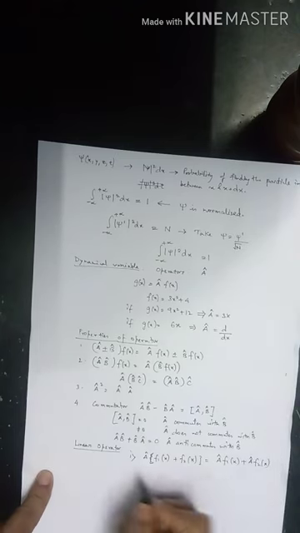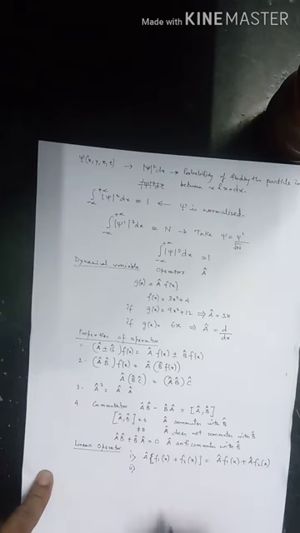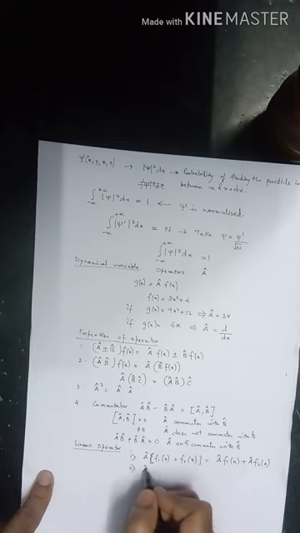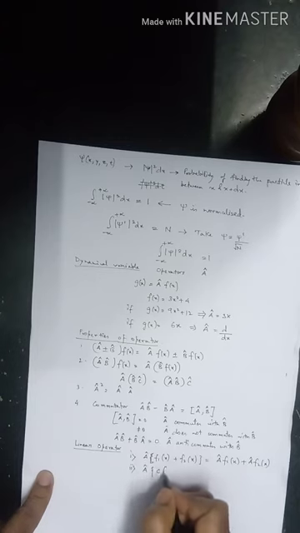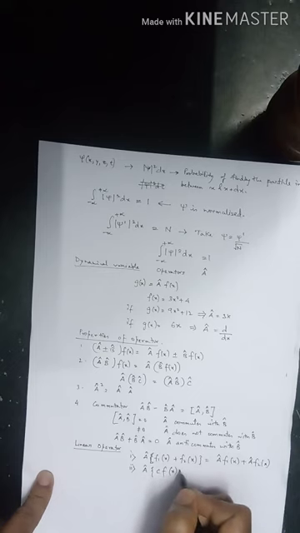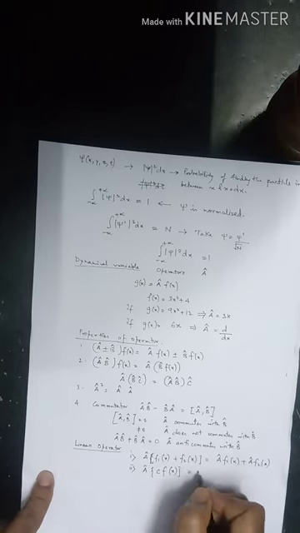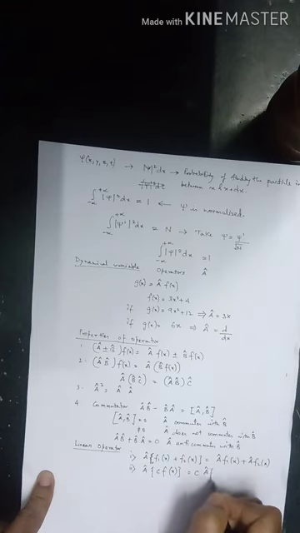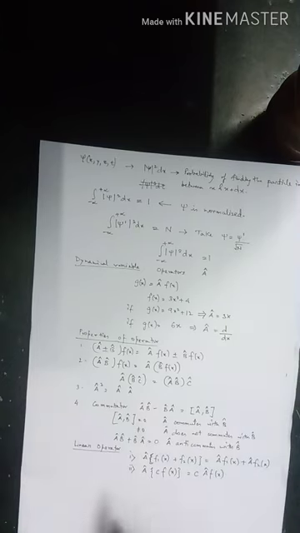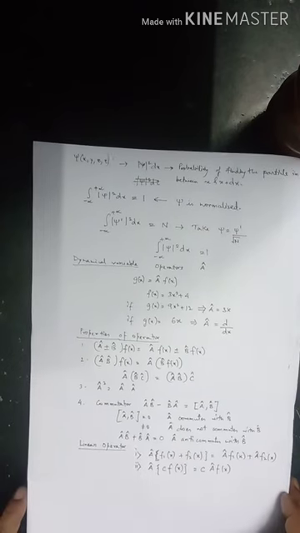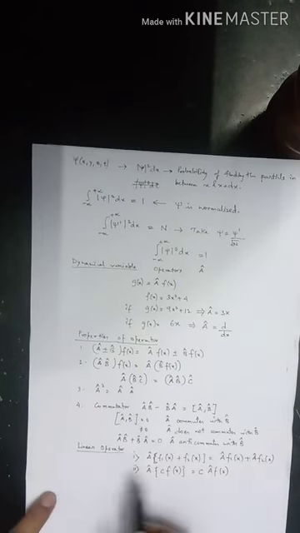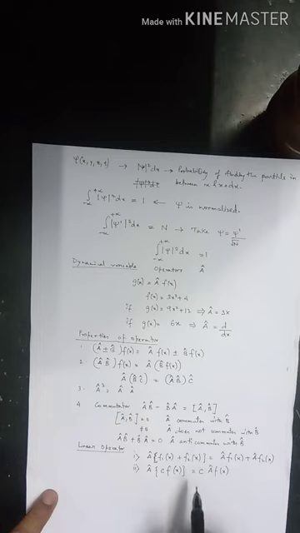The second property is that if A is operating on a function multiplied by c, where c is a constant which could in general be complex, then you can write c times A of f(x). If any operator obeys these two properties, it can be called a linear operator.